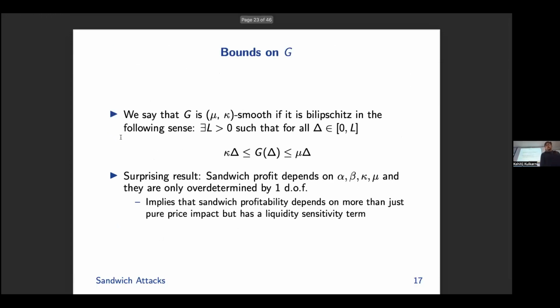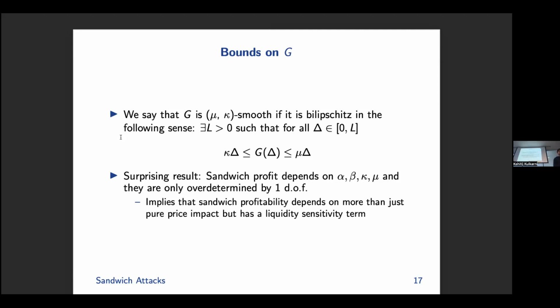And similarly, you might want some bounds on the net output that you're getting, capital G, which if you recall is the integral of little g, and this function also has some linear upper and lower bounds.